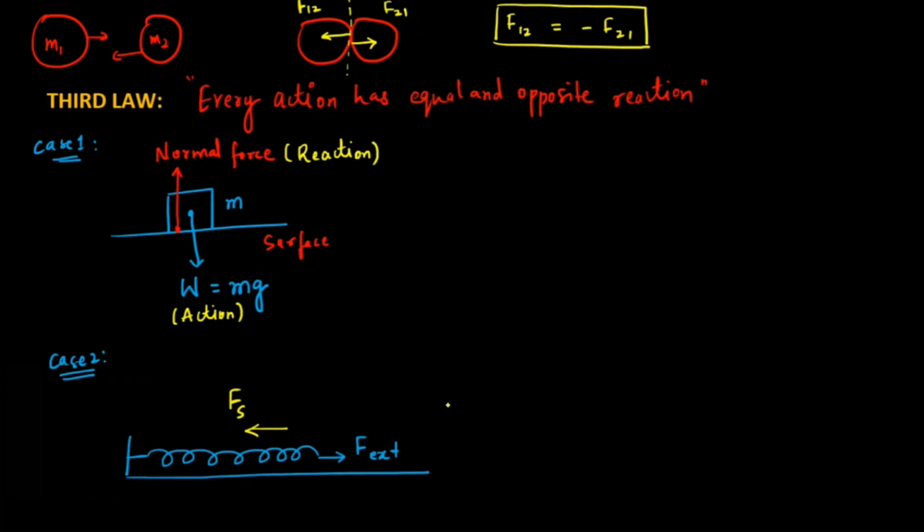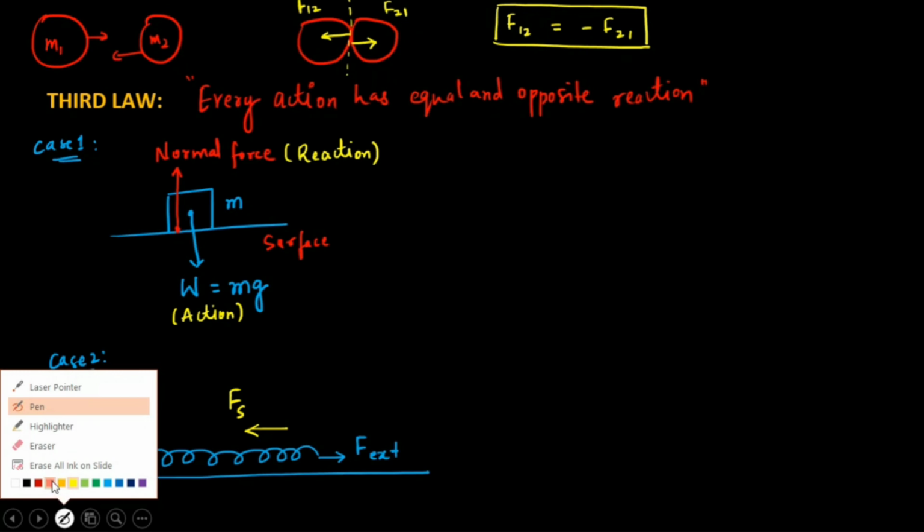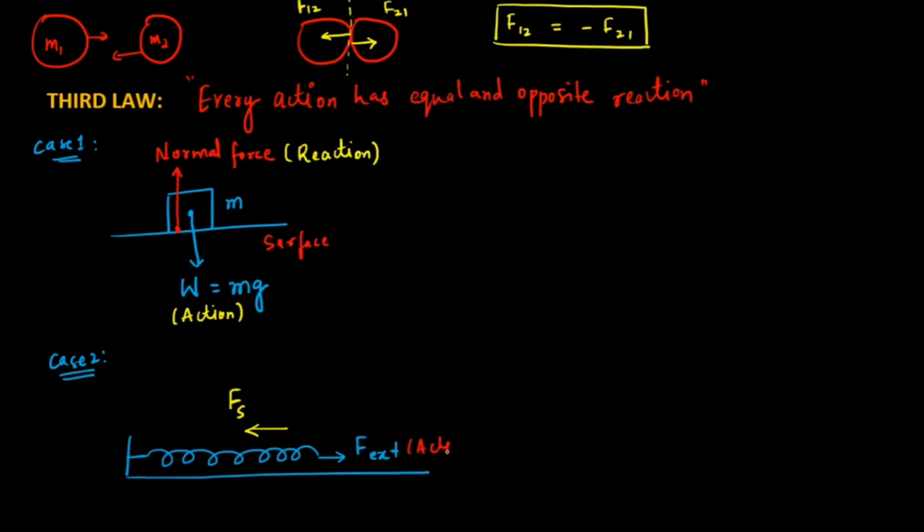Because the spring shows the property that for every action there must be a reaction. This spring force is always equal to the external force applied. If the external force is too large, beyond the spring force, the spring will break. But as long as the external force is within the range of the spring force, it will always equal the external force.